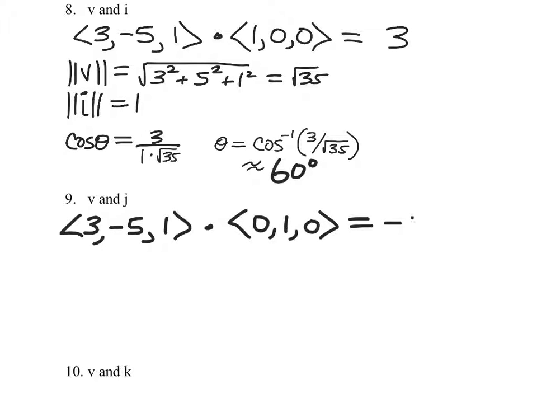So in this case, just a -5. But the magnitudes multiplied are going to be the same. So this is going to be cosine of theta is equal to -5 over root 35. So the process is getting a little bit simpler. And it'll be even simpler for the next one.